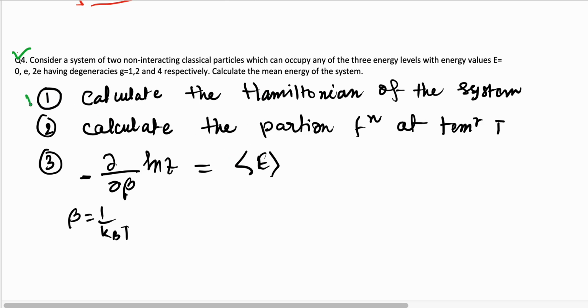So let me calculate the average energy. First the Hamiltonian, that means the energy, we already have that.